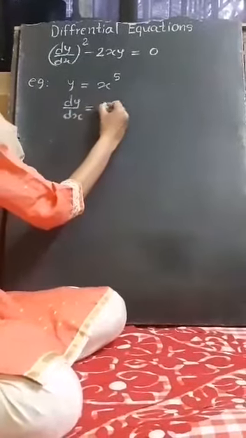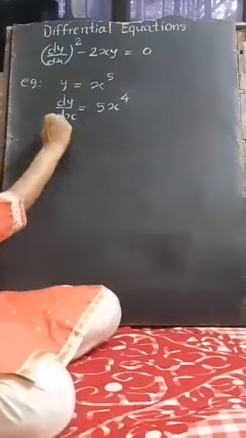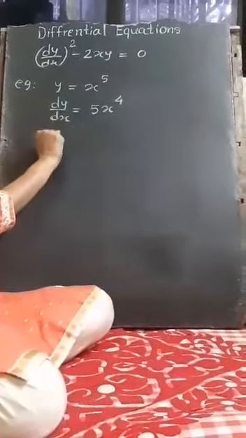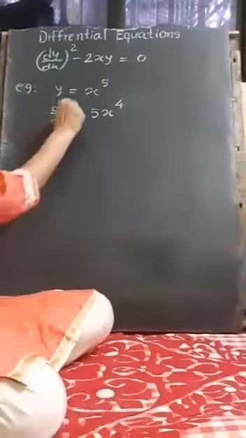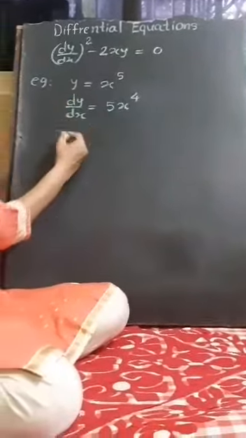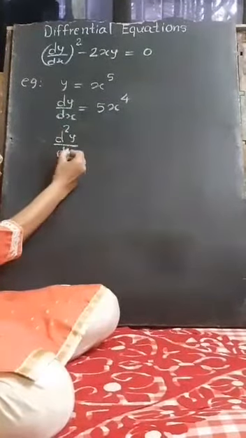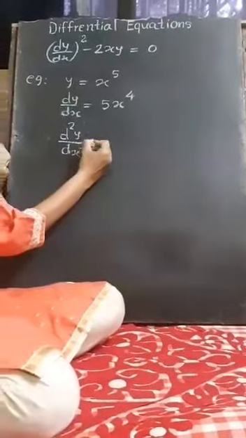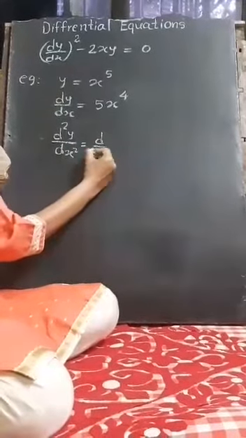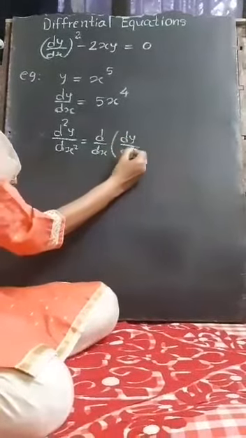It is 5x^4. This is called the first order derivative. If we find the derivative of this, we say it is d^2y/dx^2. What is d^2y/dx^2? It is d/dx of dy/dx.